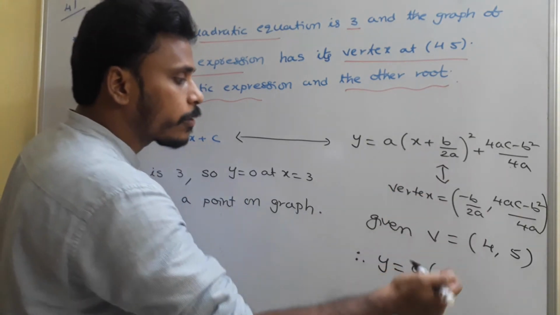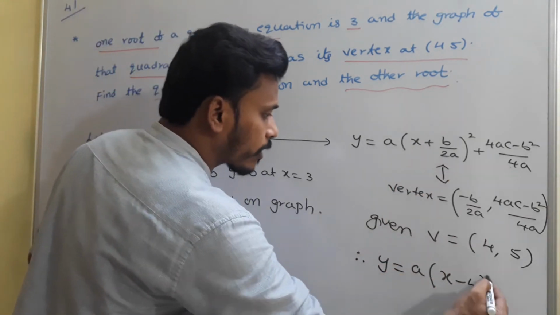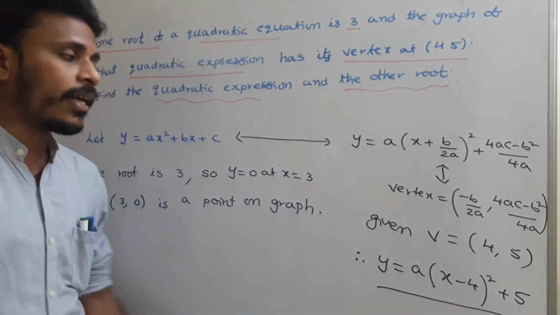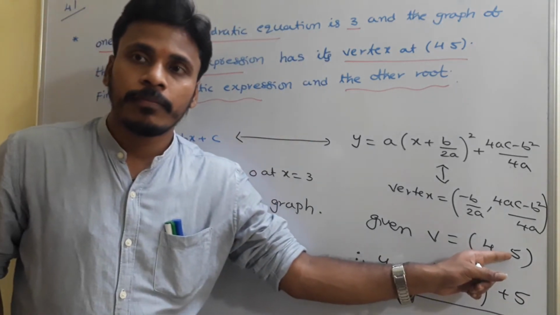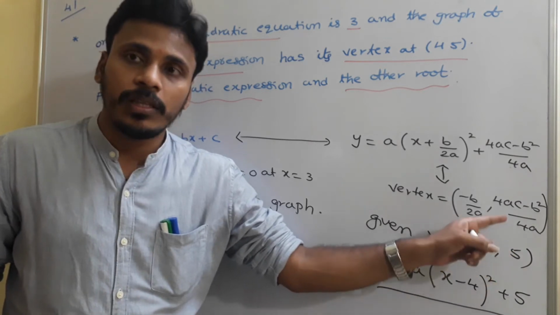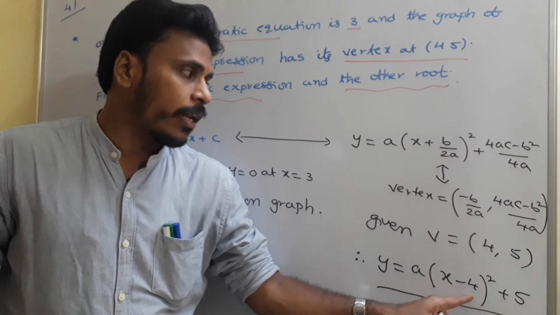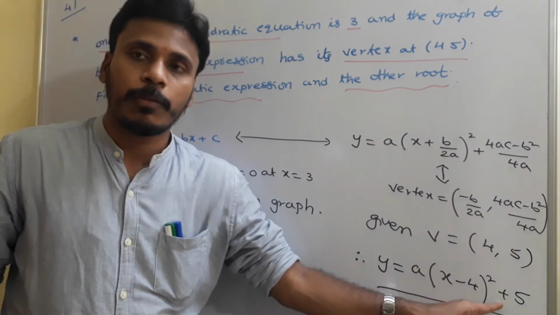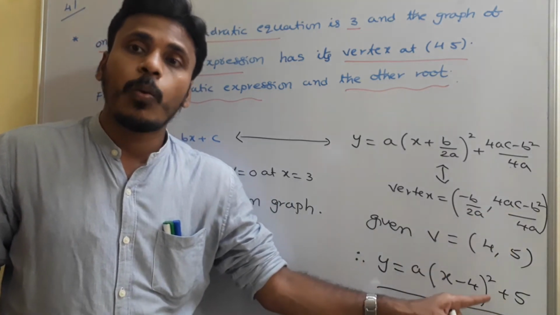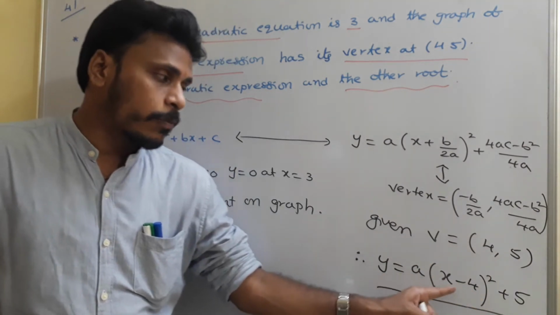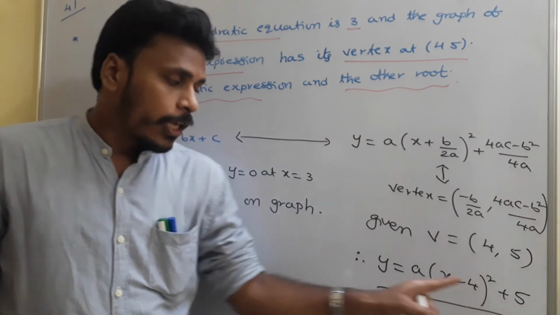When you compare this vertex with the standard form of the vertex, you get b/2a as −4 and (4ac − b²)/4a as 5. Then the required quadratic expression in the perfect square form is a(x − 4)² + 5.